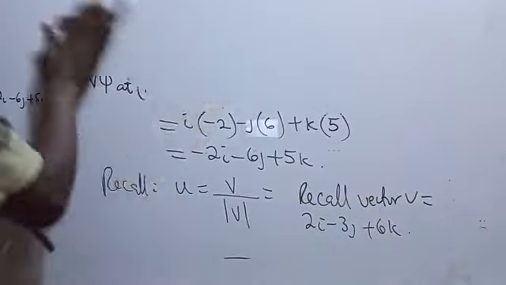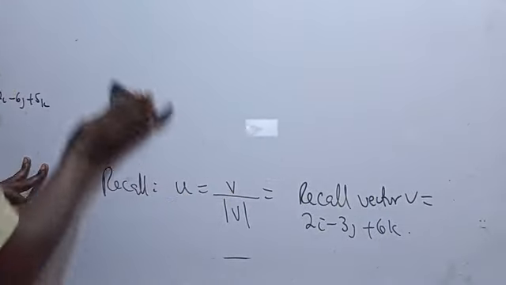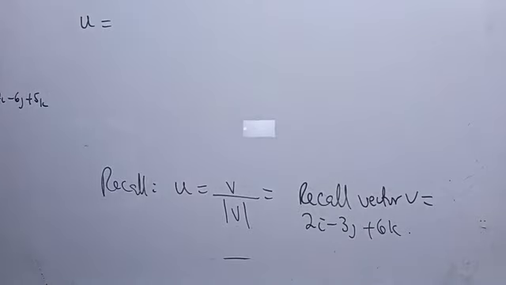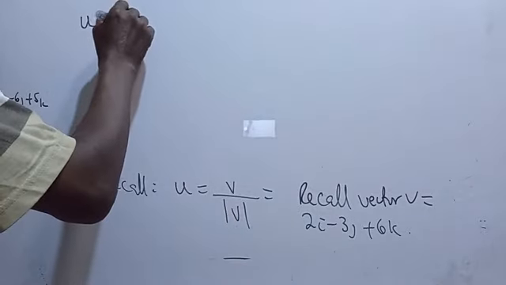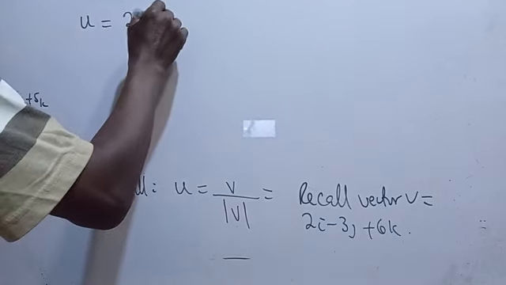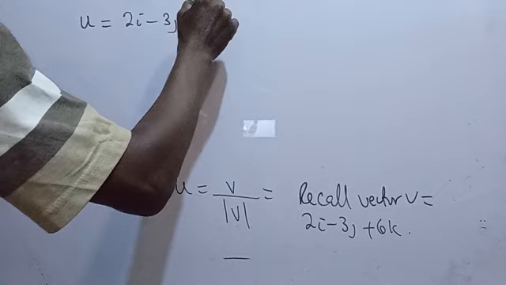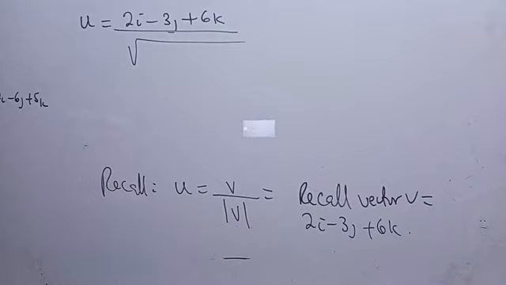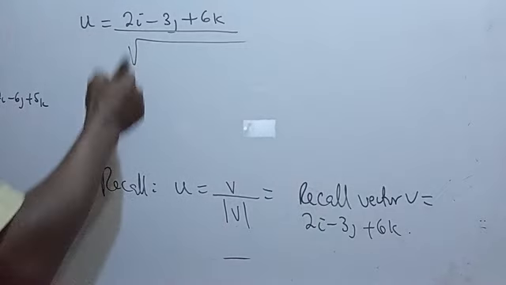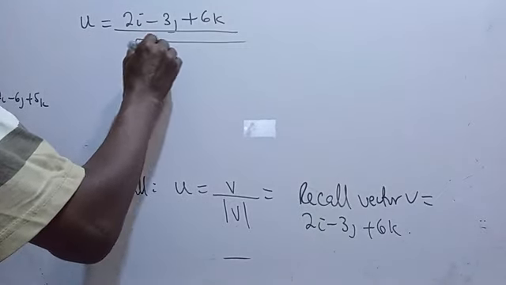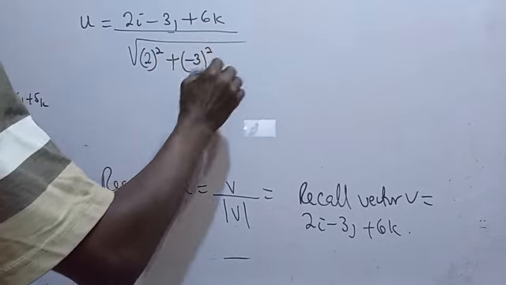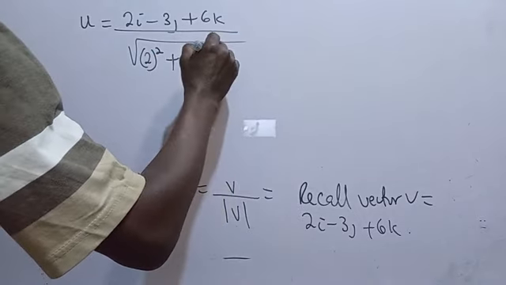Now we want to find our u. So u is equal to v, 2i minus 3j plus 6k, all over the square root of the x component squared, y component squared, and z component squared. So that will be 2 squared plus minus 3 squared plus 6 squared.